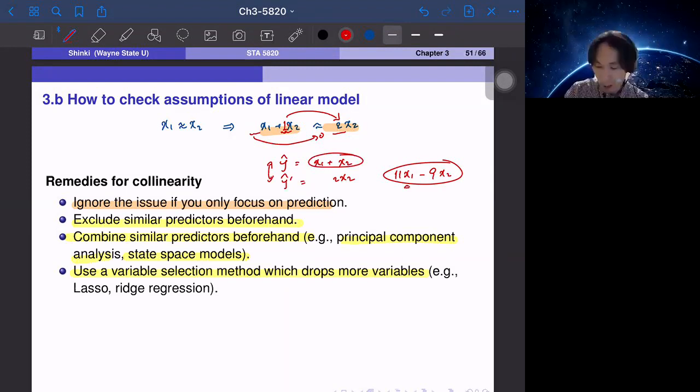But if x1 and x2 have some measurement error, then this quantity, 11x1 minus 9x2, has larger variability. So probably 2 times x2 is a better choice. In such a case, we have to think about it a little more. But the one simple remedy is just to ignore the issue if your interest is just y hat.